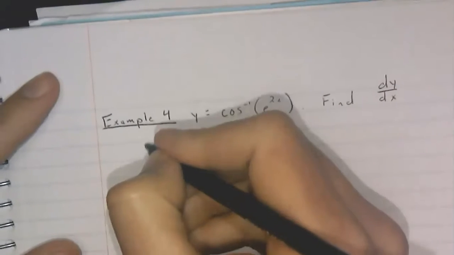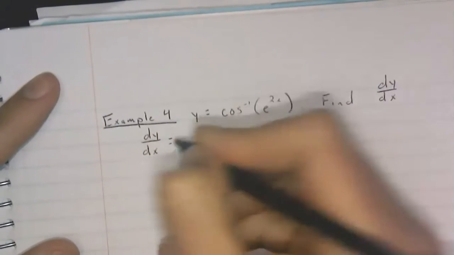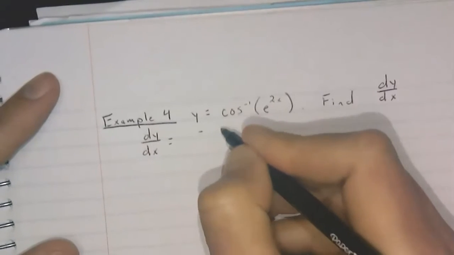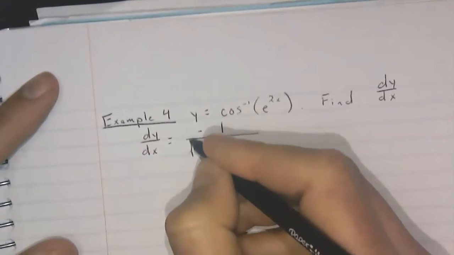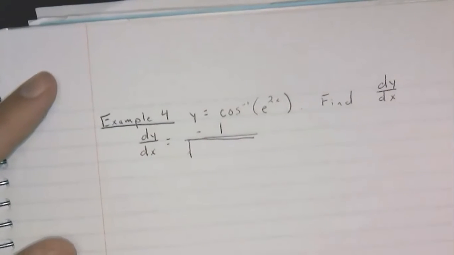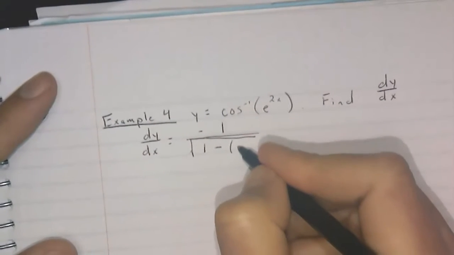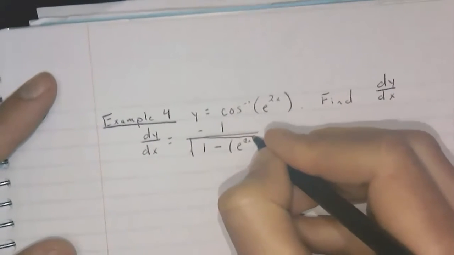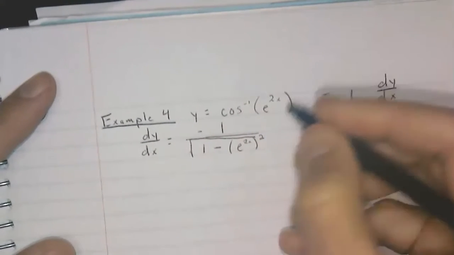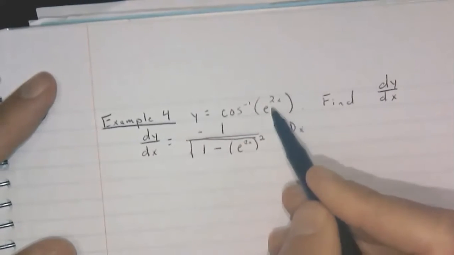So dy dx will be the negative 1 over the square root of 1 minus u squared, u here being e to the 2x squared, times the derivative of x of e to the 2x.